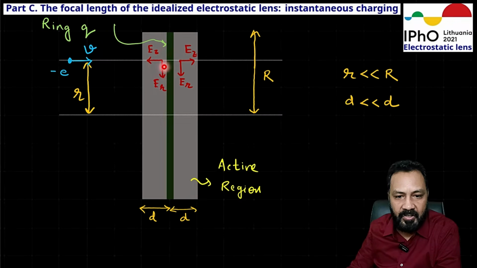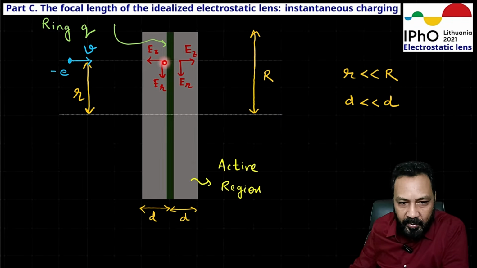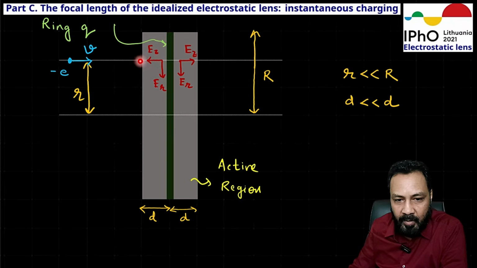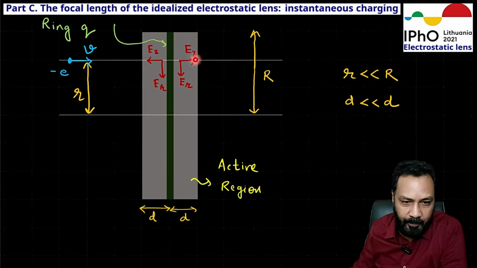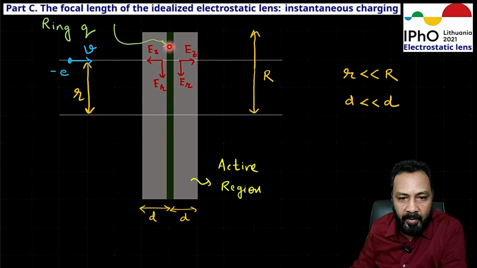The charge is negative, so this ER component will apply a force in the upward direction. As it goes from here to here, the width of the active region is very small, so the work done by Ez from here to here and from here to here will cancel. The net effect would be only because of the radial component, which will apply force in the upward direction, so it will go like this.